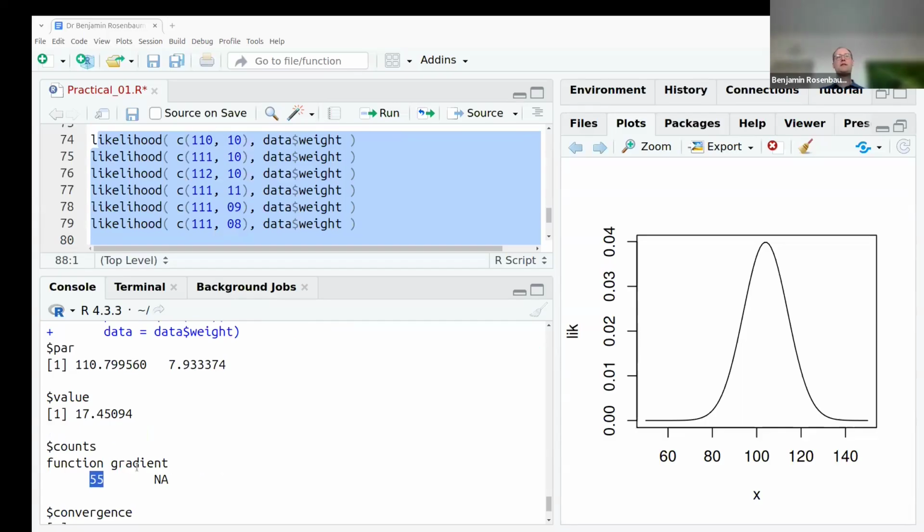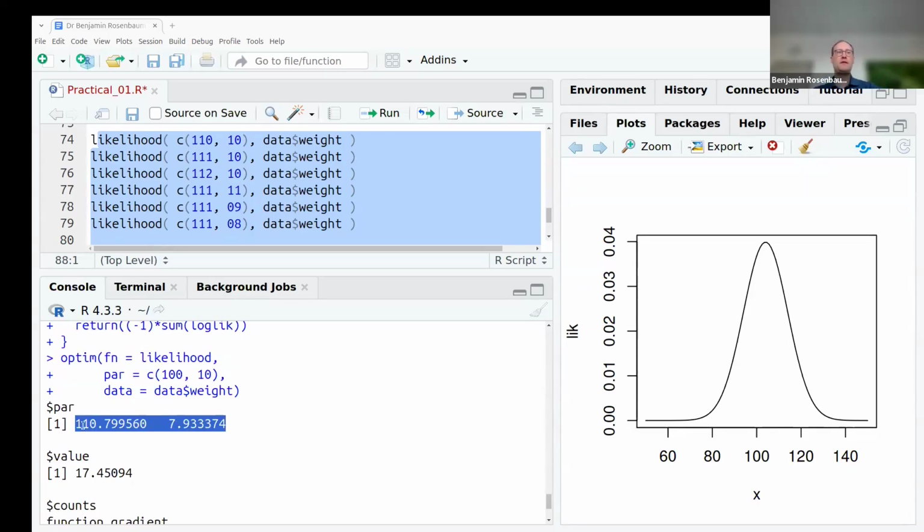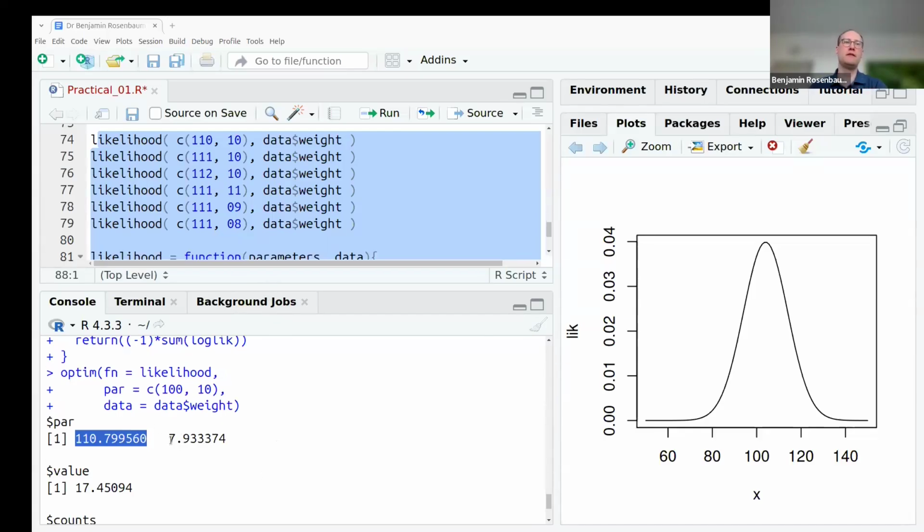It did 55 steps until the algorithm noticed that the target function couldn't be improved anymore. And these are the estimated parameters. So this is the maximum likelihood estimate for the mean of these 5 data points. And this is the maximum likelihood estimate for the standard deviation.